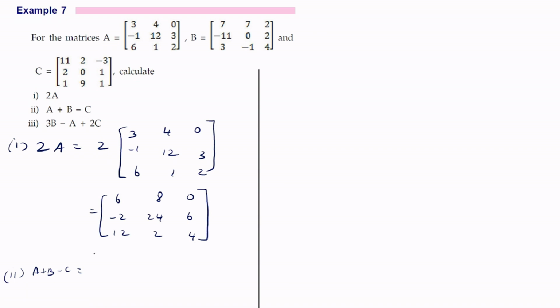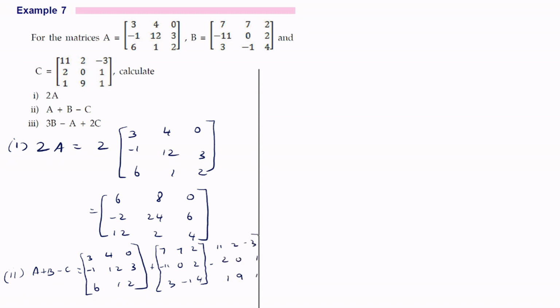So here we have 3, 4, 0, minus 1, 12, 3, 6, 1, 2, plus B, which is 7, 7, 2, minus 11, 0, 2, 3, minus 1, 4, minus the matrix C. So this is matrix C.